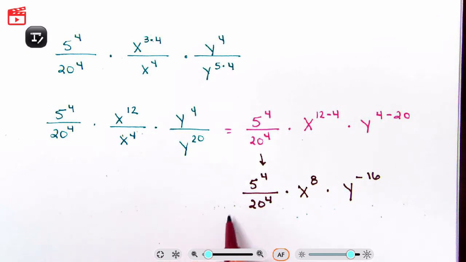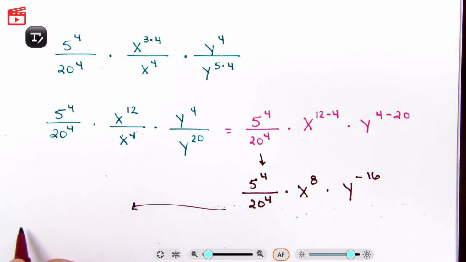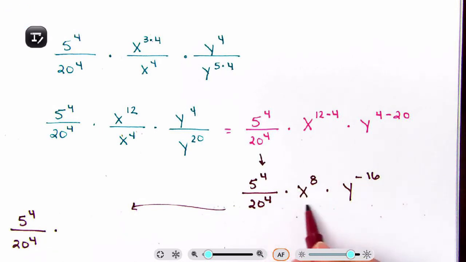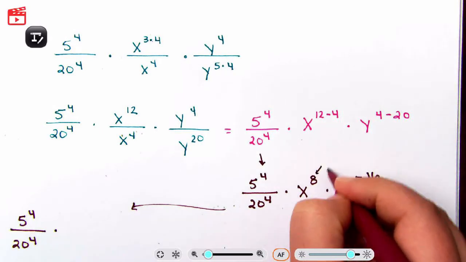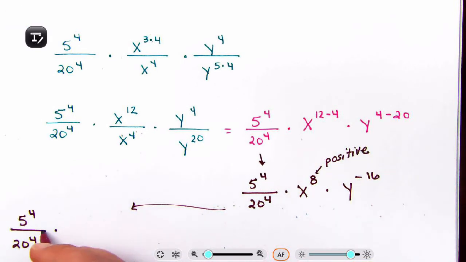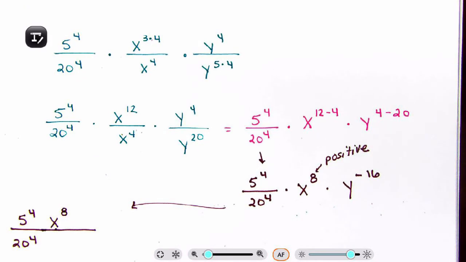Alrighty, I'm going to shift over to the left here. So I have 5 to the 4th power over 20 to the 4th power times. Now notice this is now positive. x to the 8th is positive. Now positive means that it belongs in the numerator. So x to the 8th is in the numerator of my fraction.